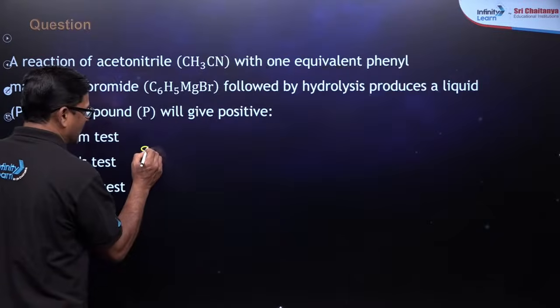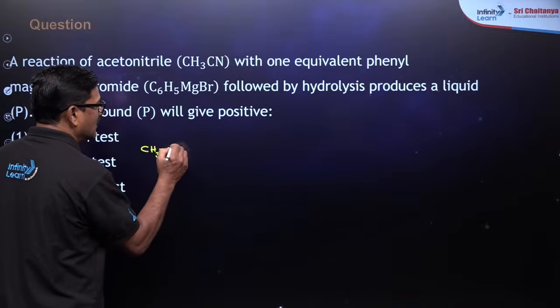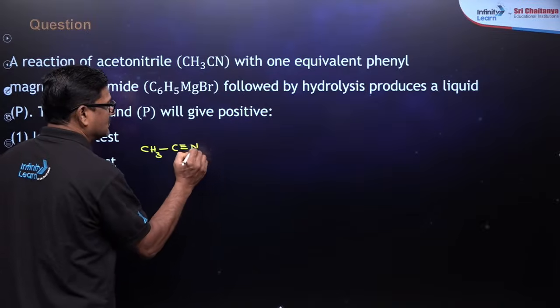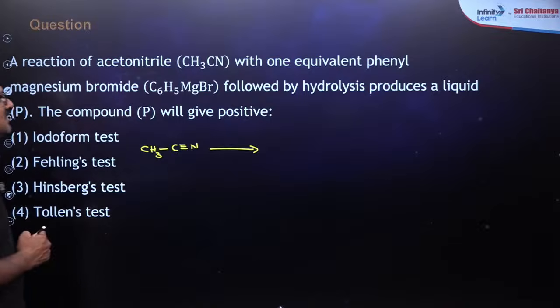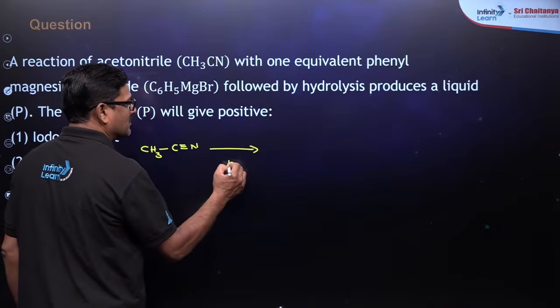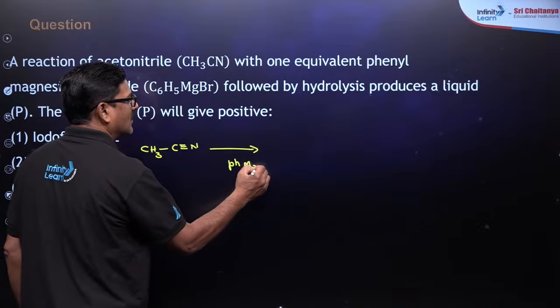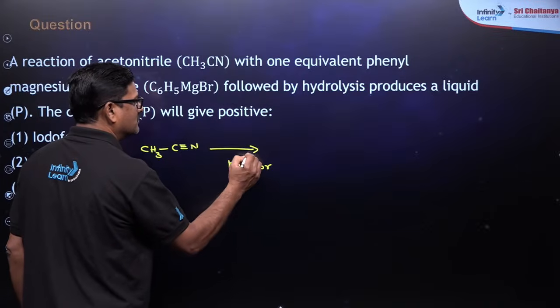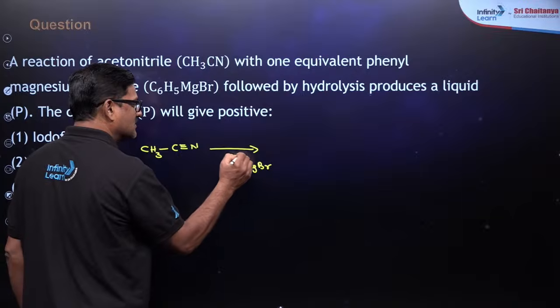Acetonitrile CH3 C triple bond N when it is treated with phenyl magnesium bromide. So this is a phenyl magnesium bromide, it is going to give you a Grignard reagent.